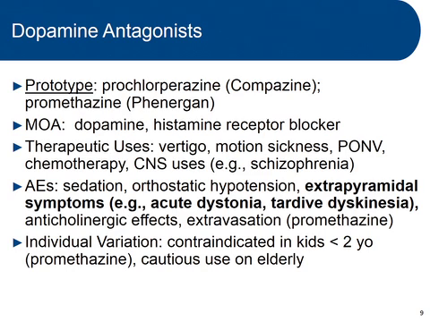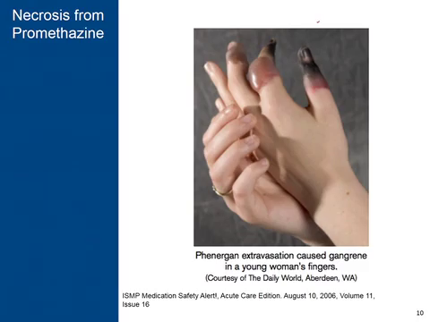mostly because they block all of these different types of receptors and they can have exaggerated effects in the elderly population. This is a picture just to show you what it looks like. This is a real picture of a patient who received Phenergan in a small vessel of the hand and ultimately developed an extravasation which led to gangrene of the digits.